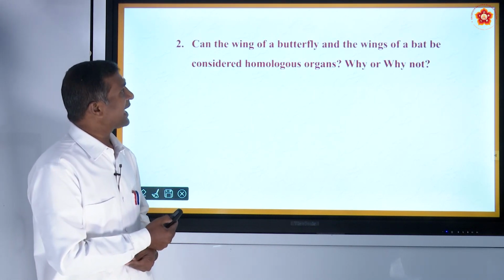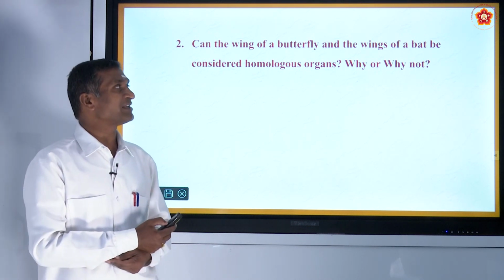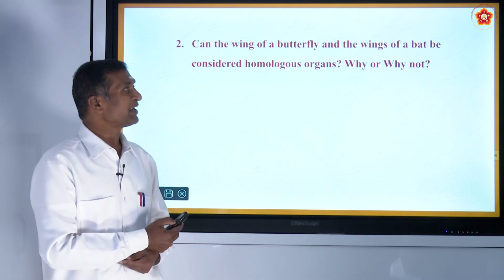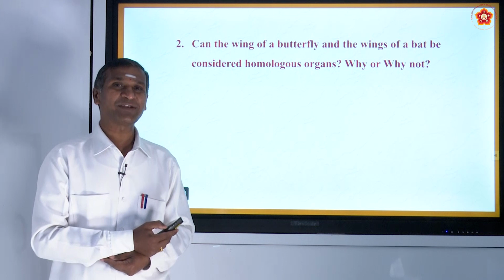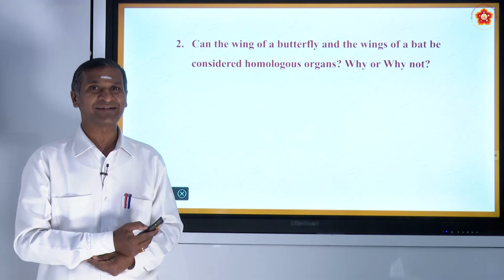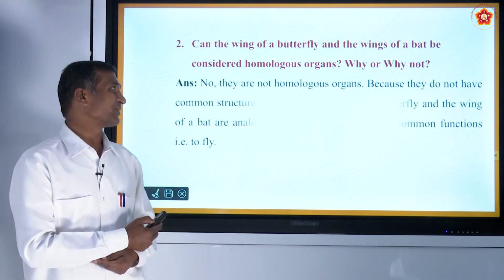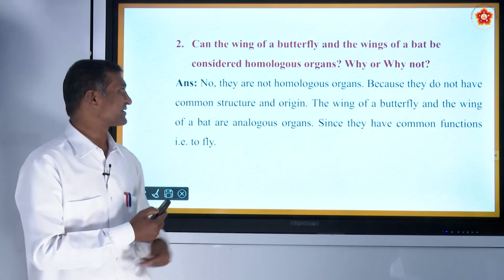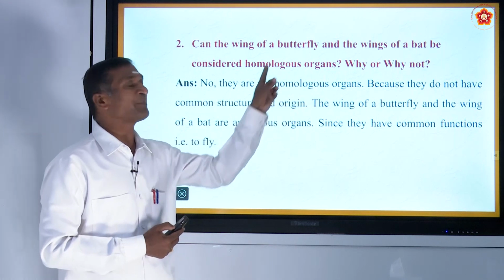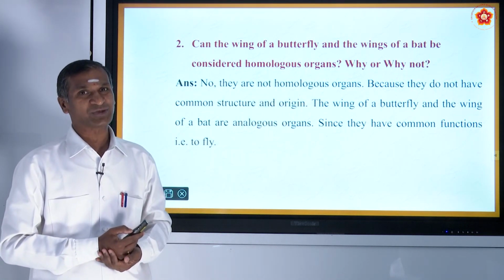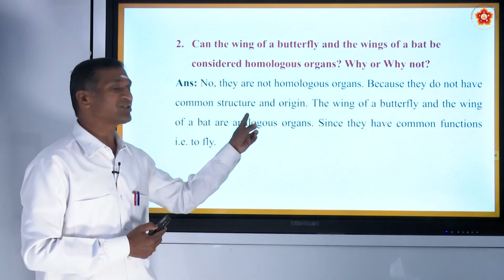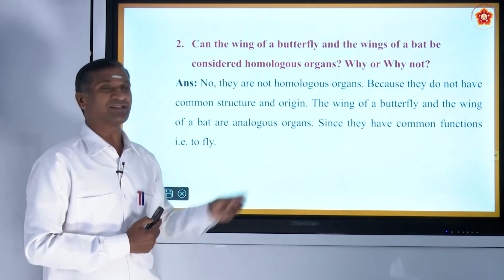Second question: can the wing of a butterfly and the wings of a bat be considered homologous organs? Why or why not? Very happy to see that Manoj and Rahul are raising their hands to tell the answer. They are not homologous organs. Sure, you are perfect. Congrats. The wings of a bat and the butterfly are not homologous organs. Why? Because they do not have common structure and origin.